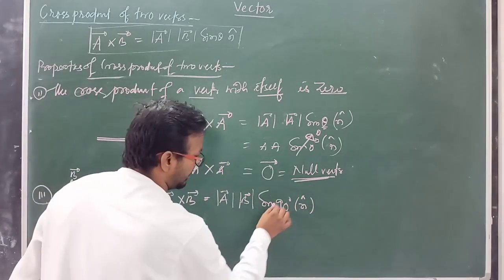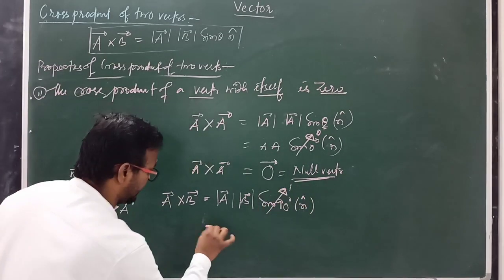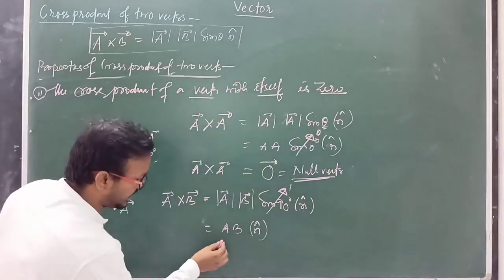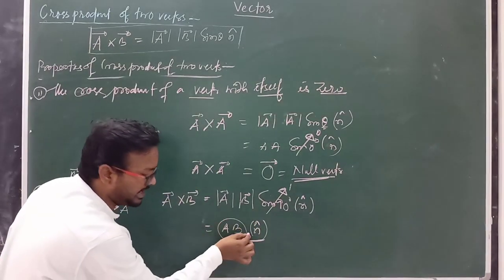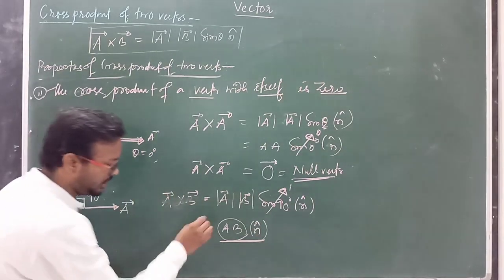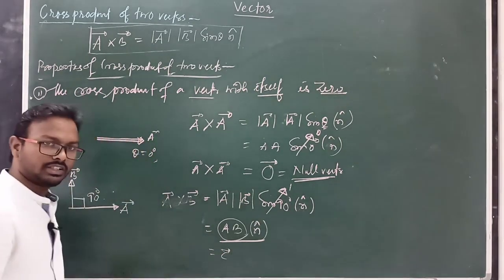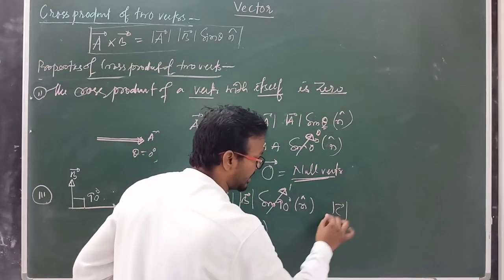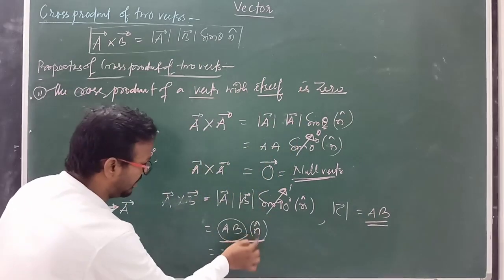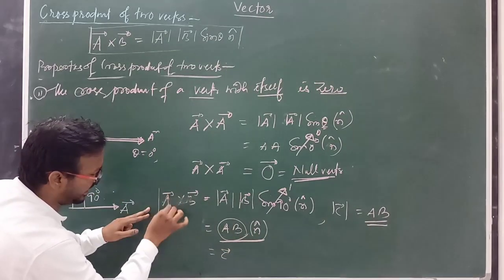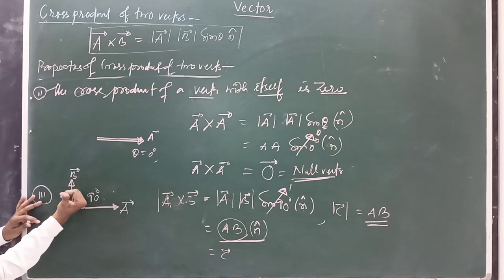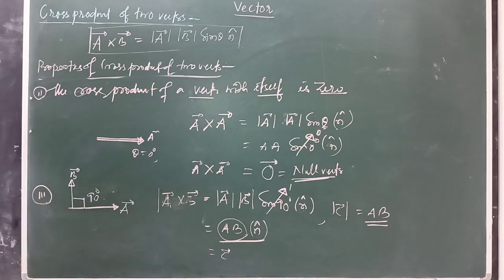Clear? So sine 90 degrees is 1, then you can write AB and 1 is the direction. So this is another vector whose magnitude is AB and its direction is perpendicular to the plane containing A and B. You can suppose this vector is the C vector. The magnitude of the C vector is AB, and its direction is always perpendicular to the plane of A and B, meaning A cross B is in the outward direction. This is the third property. Clear?